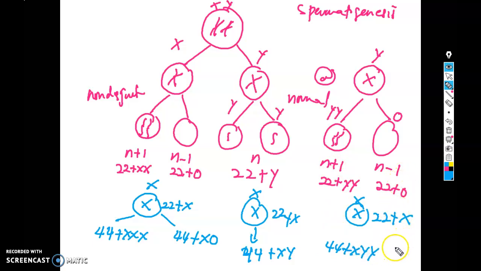This one is 44 plus X, XO. Turner syndrome, super male, normal, Turner syndrome, and trisomy X.